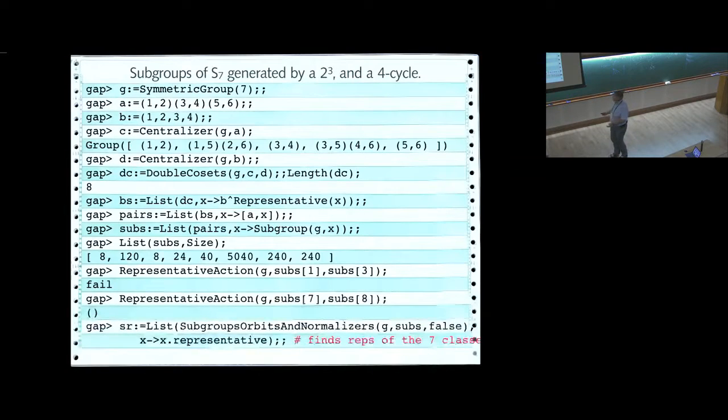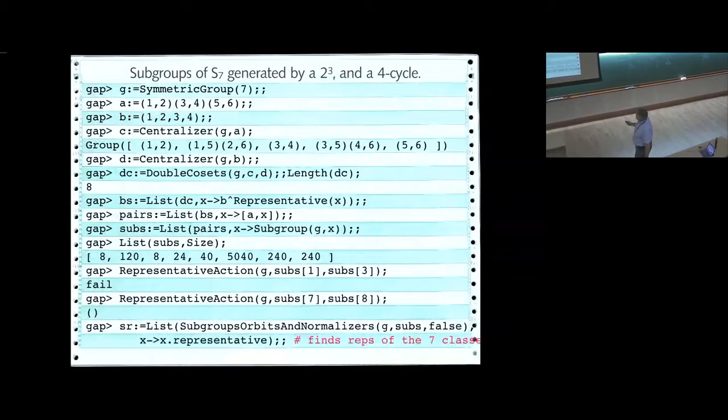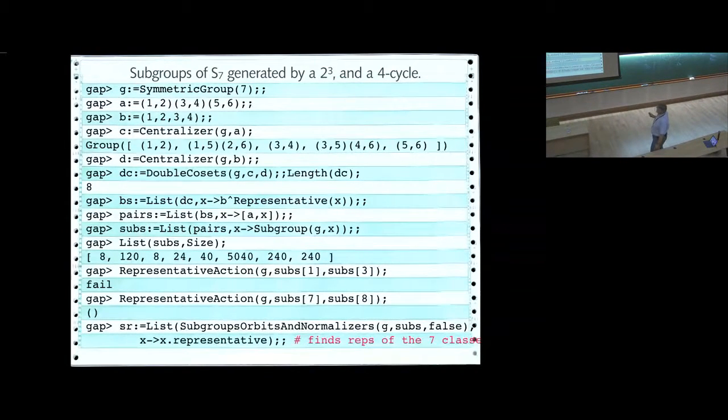So, for example, to do this, let's say I want subgroups of S7 generated by a triple 2-cycle and a 4-cycle. A is this element, B is the 4-cycle. I take the centralizer of the 4-cycle, I calculate the double cosets, and by conjugating all of these tuples, since I can always conjugate any double 3-cycle to this particular double 3-cycle, I just need to take this double 3-cycle and conjugates of this with representatives of the double cosets and then get the subgroups.